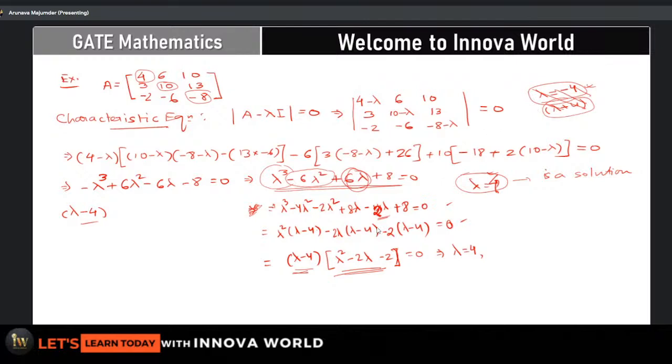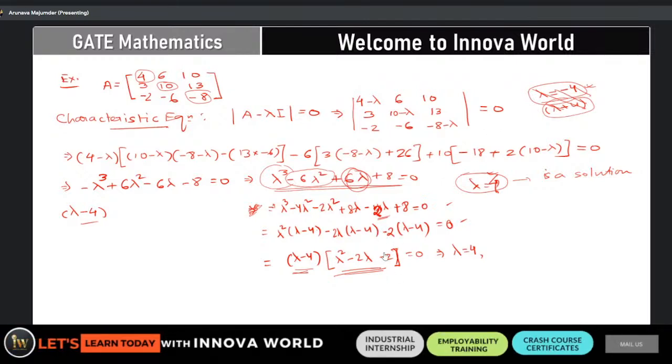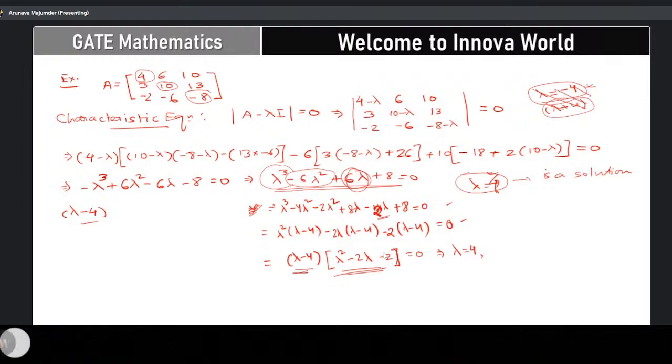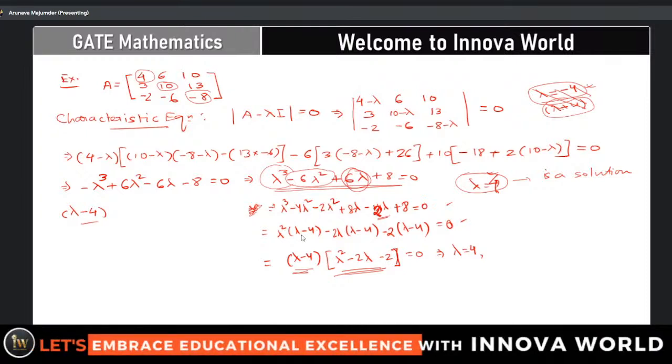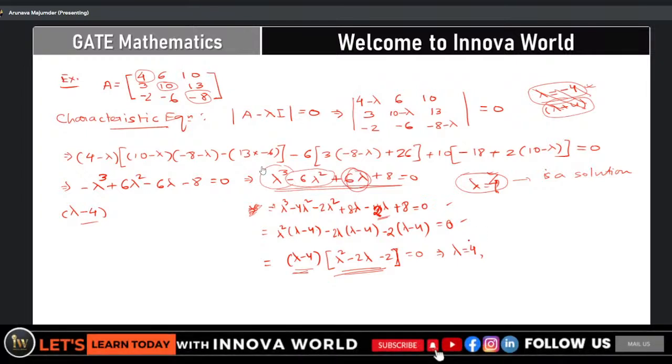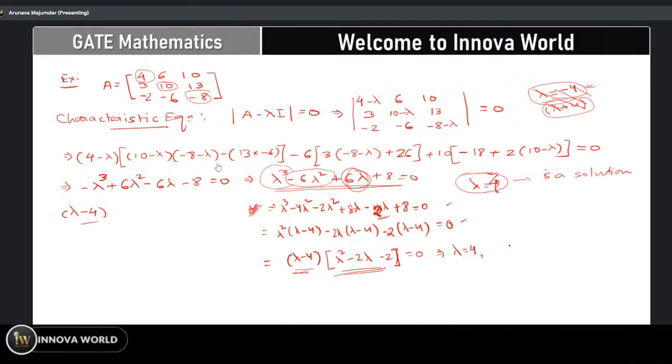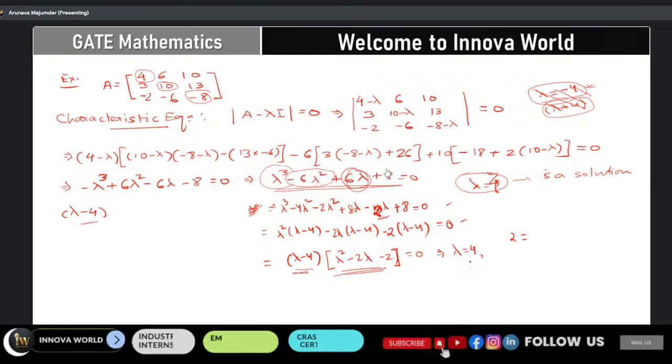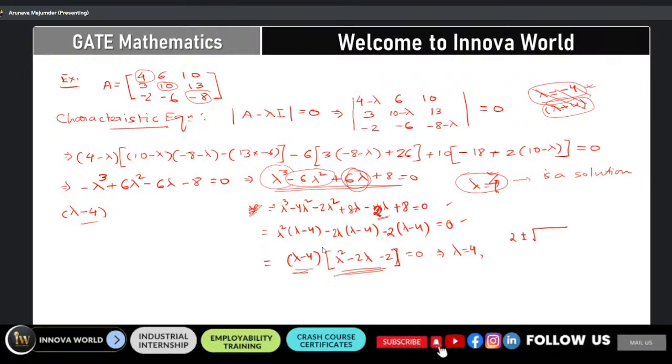Just use the same equation again. What is the equation? It is the Sridharacharya formula, that is lambda equal to minus b, here it is 2, plus minus square root of b square minus 4ac, divided by 2a.